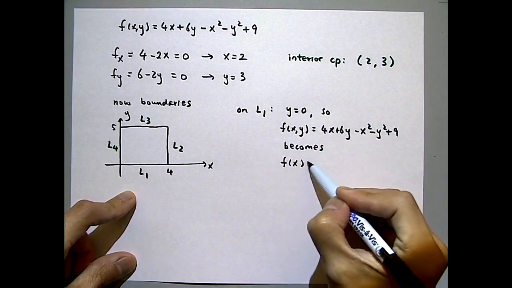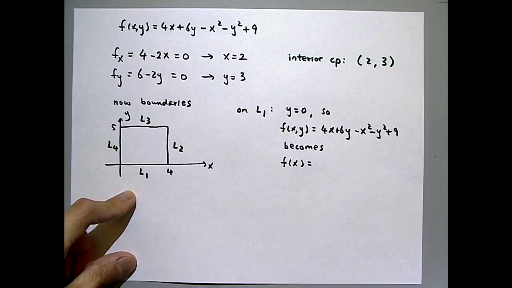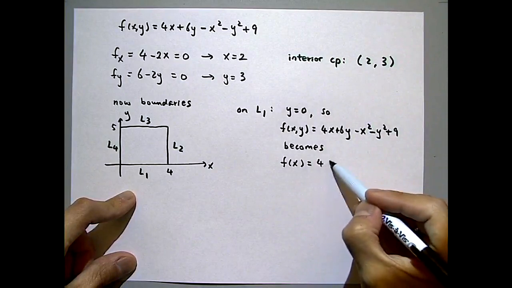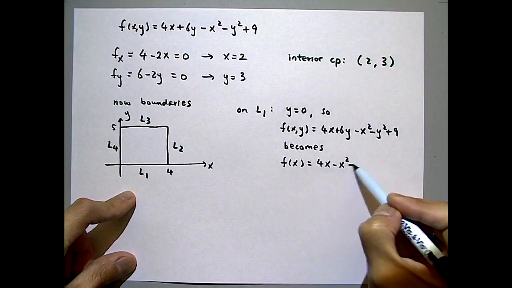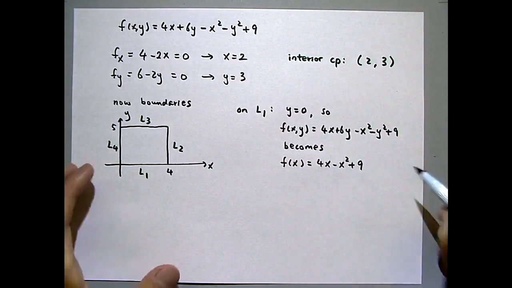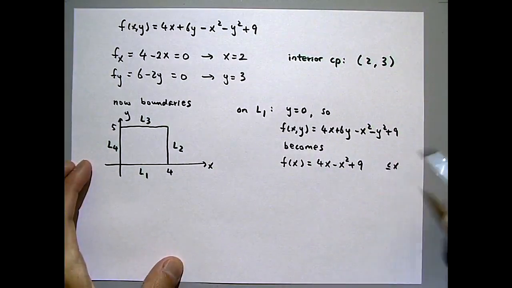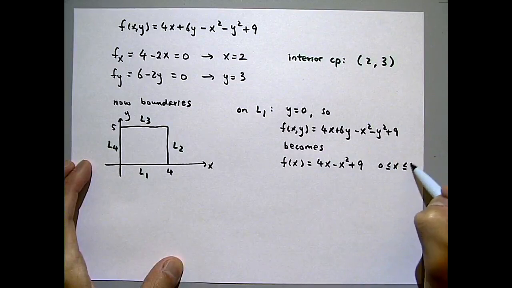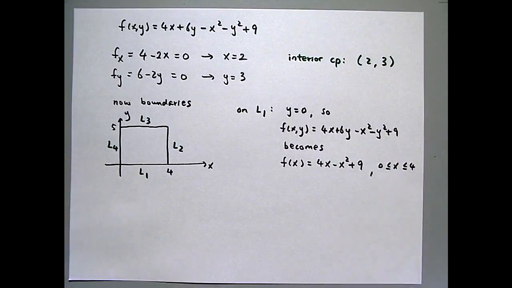And it's going to reduce to purely f of x is equal to 4x minus x squared plus 9. And x is between 0 and 4, right?